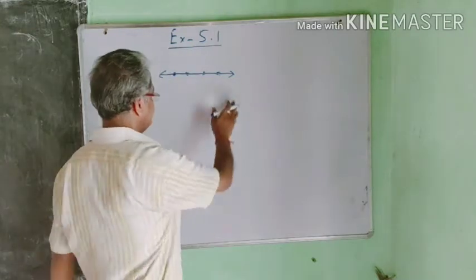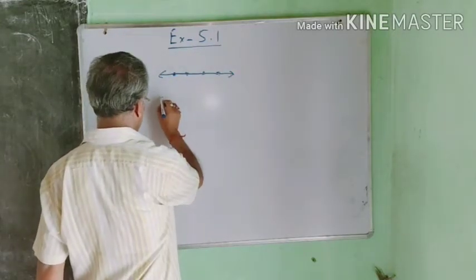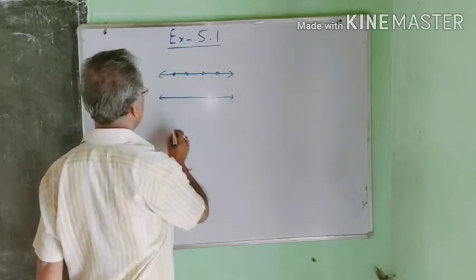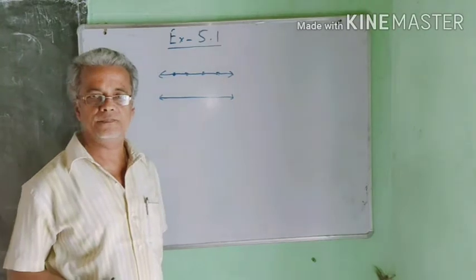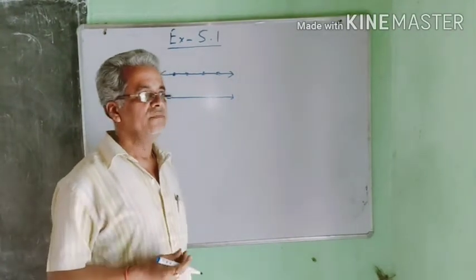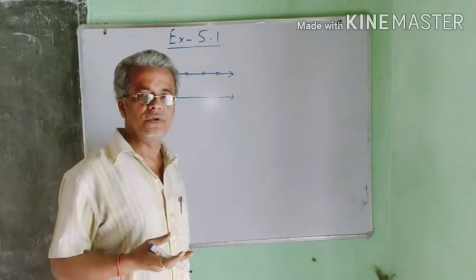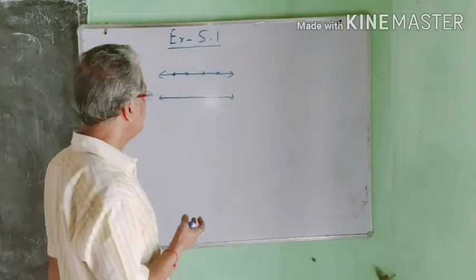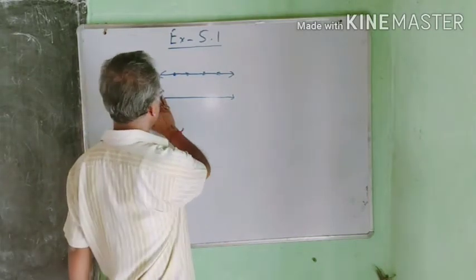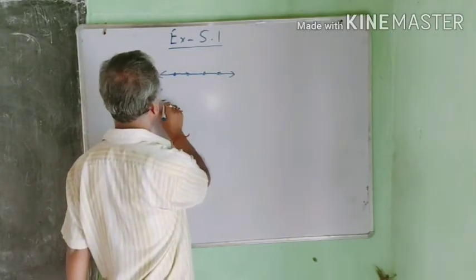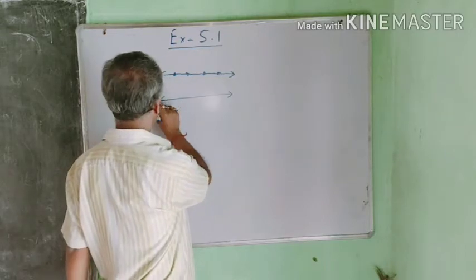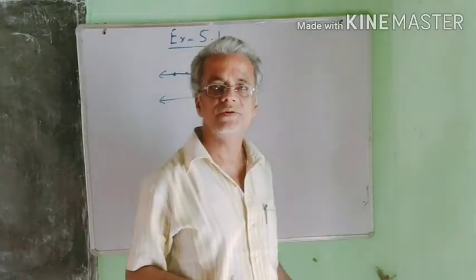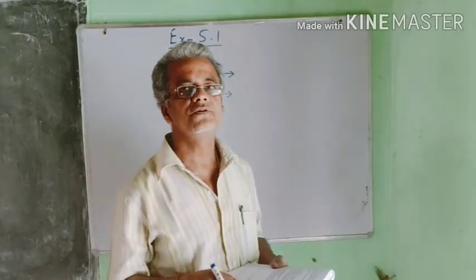Now, lines can be parallel if the perpendicular distance between the two lines is always the same. Then the lines are said to be parallel. And if the perpendicular distance between two lines is not the same at every point, then the lines are not parallel.